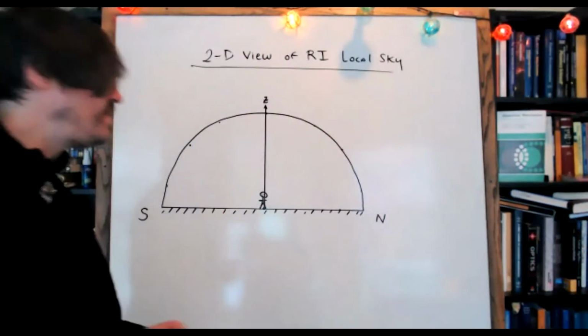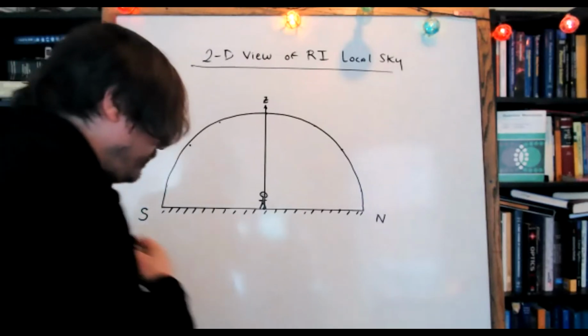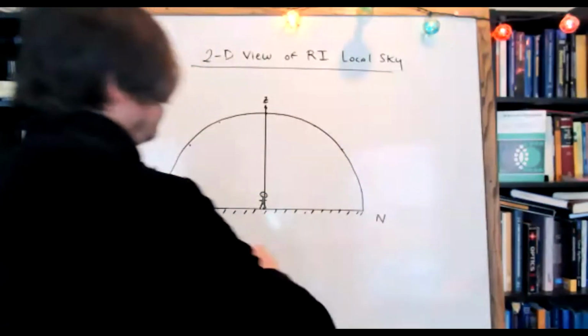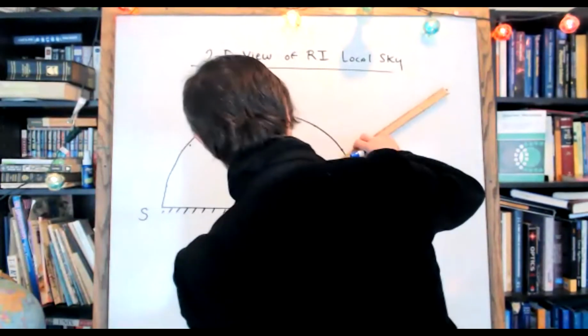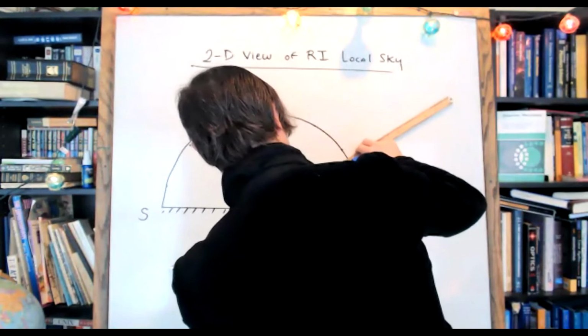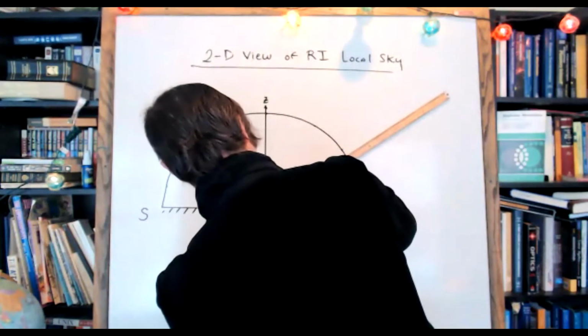Since this is the Rhode Island local sky, we can also put in the north celestial pole. That should be somewhere pointing up towards the northern part of the sky. Make a line through your observer's foot, somewhere up towards the northern part of the sky.